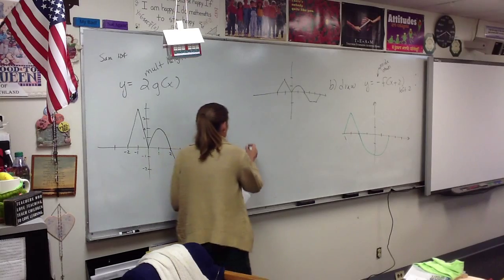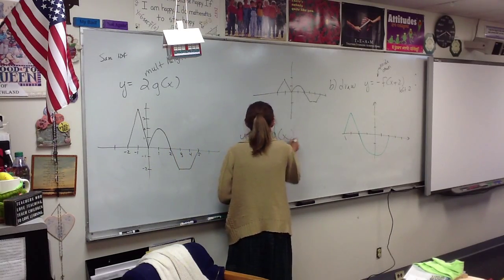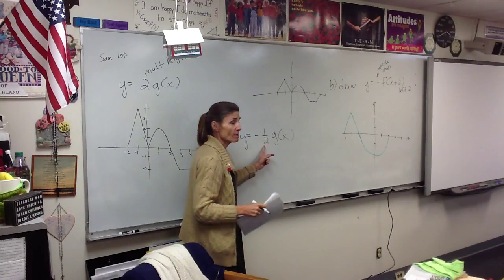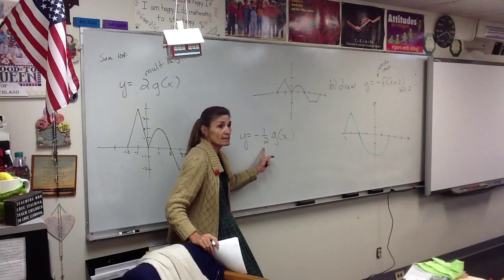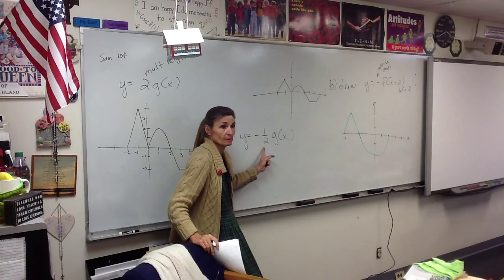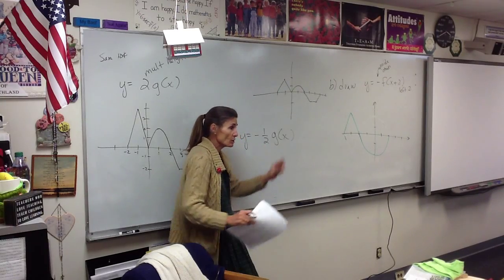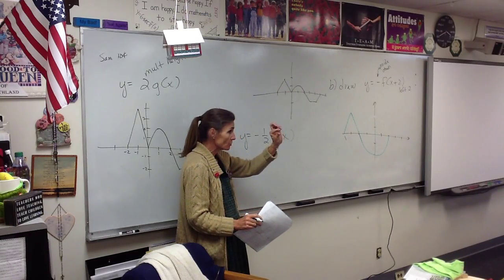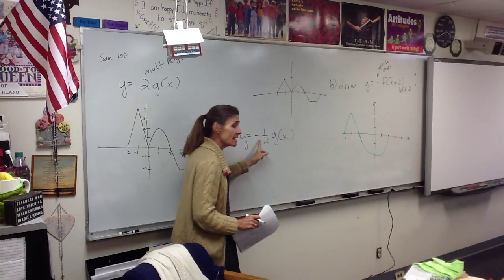So B. Now, any multiplier or any multiplication coefficient out here in front is going to multiply the height. So this is going to take your height and multiply it by 1/2, which means essentially it's going to shrink it, right? Now what's that negative going to do?